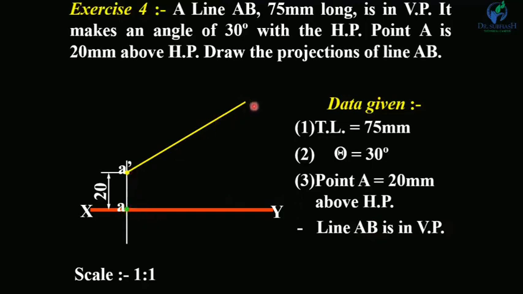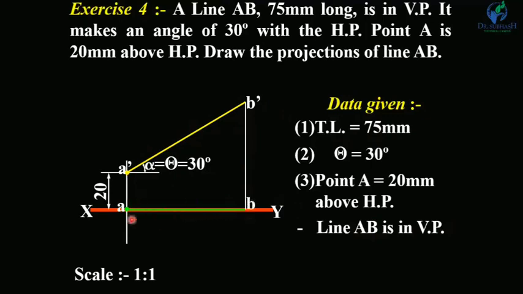Now draw a line at an angle of 30 degree with XY line. Okay, so alpha is equal to theta is equal to 30 degree and this line is equal to 75 mm. So B dash point. Now draw the projection of this B dash on XY line.